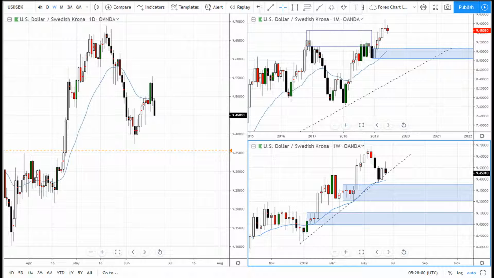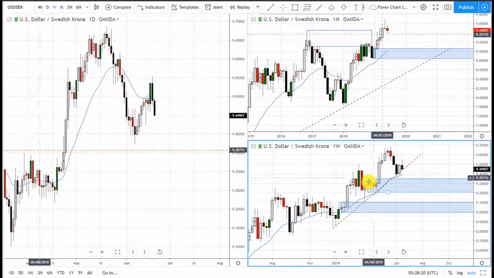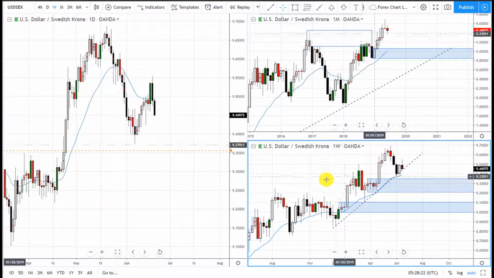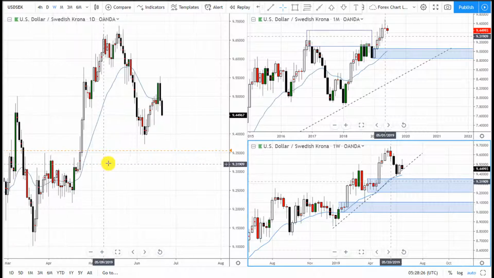But if it does this, and then once it starts to go up, then I'll buy it down here. So this is what we call waiting for a setup to work. It could take weeks, but that's how we avoid losses, by taking high probability trades, by being patient.